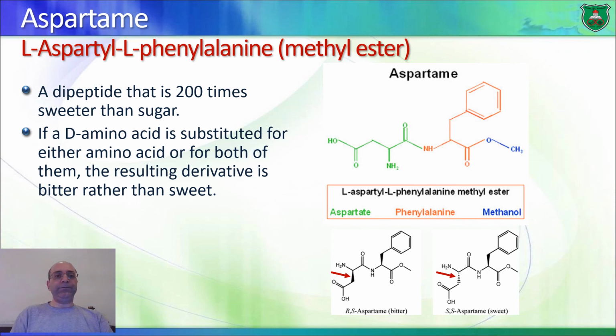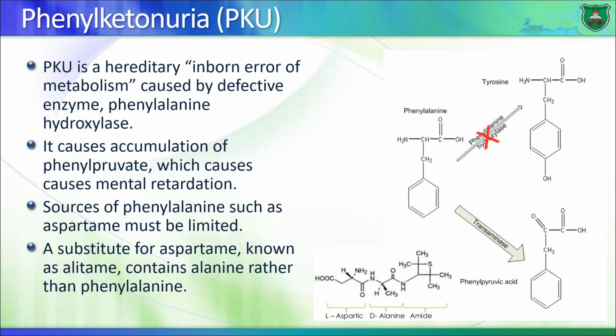Now, an important note about aspartame is that it should not be given to individuals with a condition known as phenylketonuria. Now, phenylketonuria is basically a hereditary inborn error of metabolism, and it's caused by a defective enzyme known as phenylalanine hydroxylase. Now, what phenylalanine hydroxylase does is that it converts phenylalanine to tyrosine as part of its metabolism.